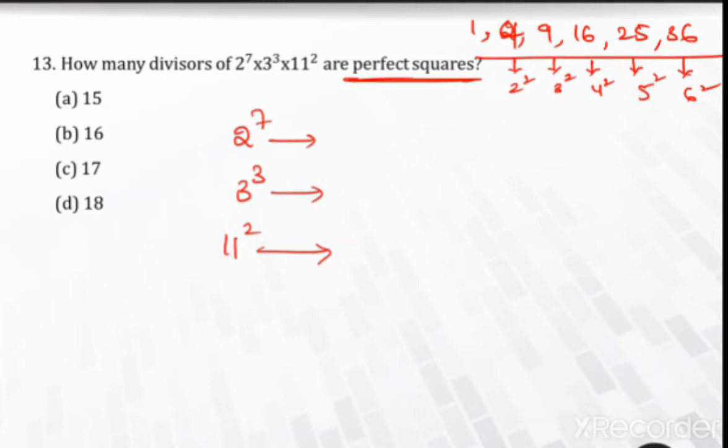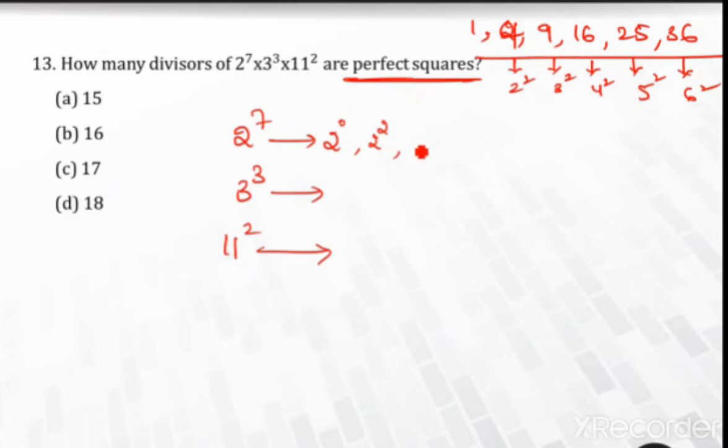Yes, 2 power 0. 2 power 1 is nothing but 2. 2 is not a perfect square. What is 2 square? 4. 4 is a perfect square. Option B, 16. Excellent.